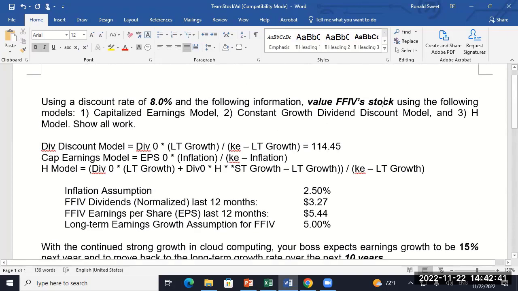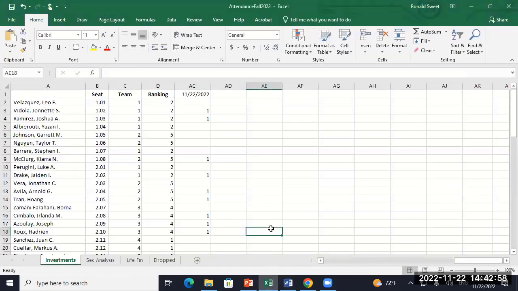So that would be 3.27 times 1.05 divided by 0.08 minus 0.05. Does that work? 114.45 looks pretty close. All right.